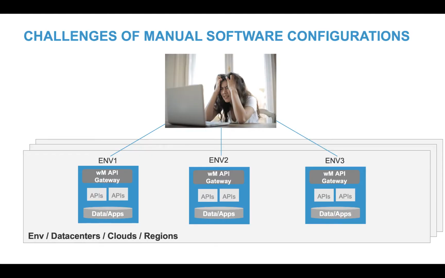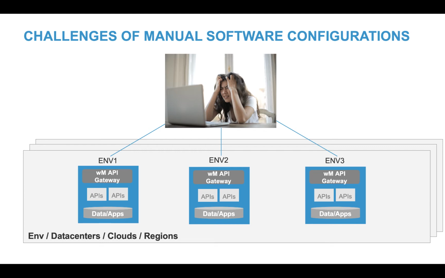But first, let's do a very quick recap as to why this is all important. In your environment, you first have likely multiple levels like dev, test, staging, prod, multiple data centers or multiple clouds, and multiple regions. Now, if you have to deploy API Gateway in all these different places, you have to also configure them properly based on where they are deployed.